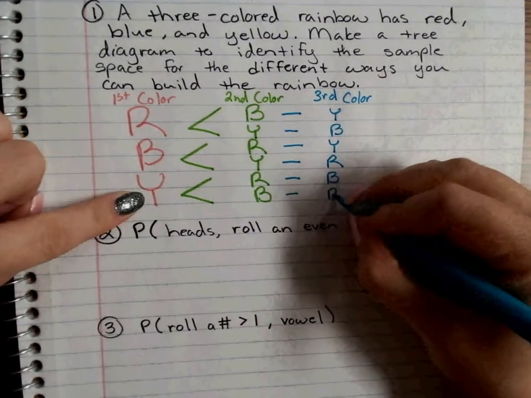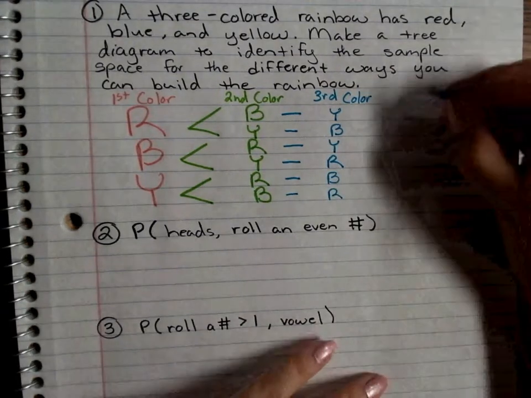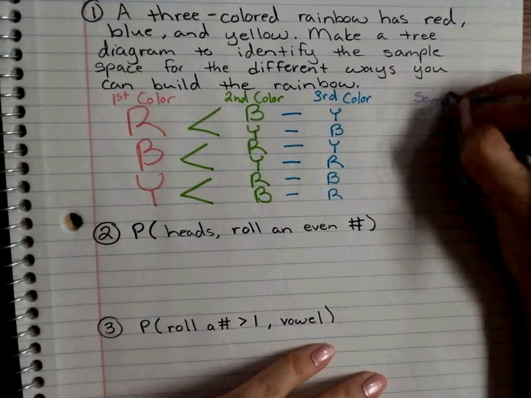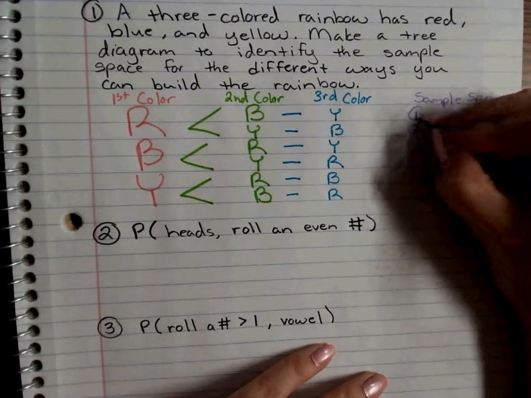So that tree diagram helps me to be able to build my sample space. And like we said before, the sample space is going to have a total of 6 options in it.